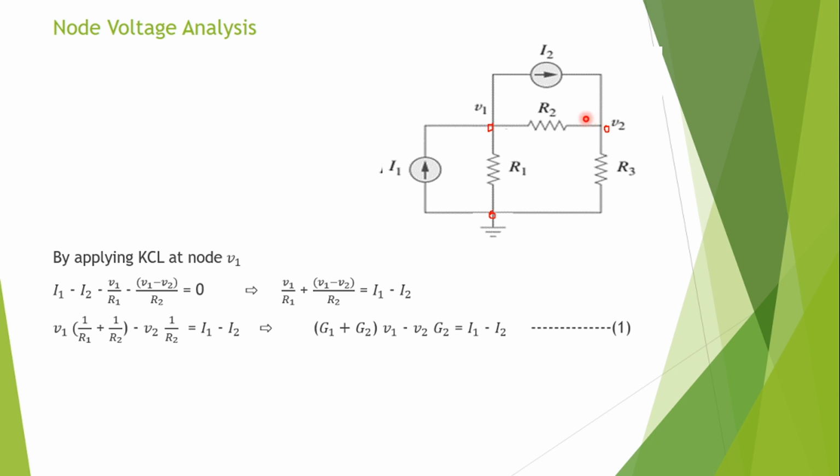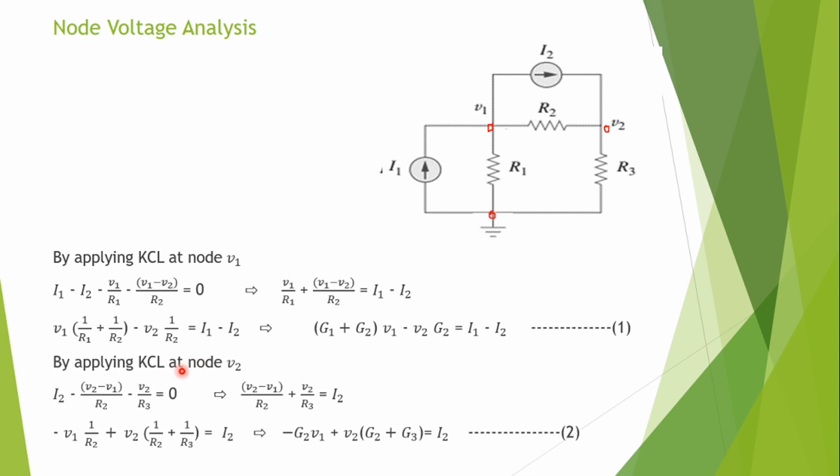So here also I am considering the current direction as outgoing from V2, and the expression is (V2 minus V1) by R2, and this current is V2 by R3. So by applying KCL to node V2, I2 minus (V2 minus V1) by R2 minus V2 by R3 equal to 0.